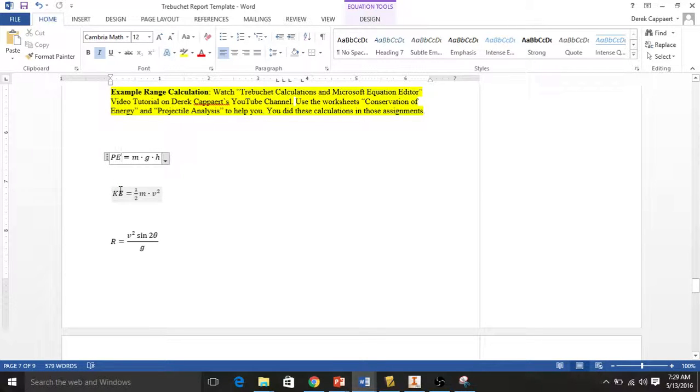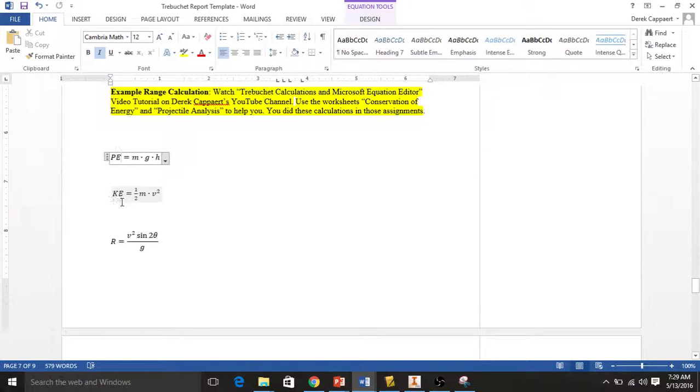So you want to say that in your report. You can say something like, the energy for the catapult came from the potential energy of the counterweight. As the counterweight fell, all of that potential energy was converted to kinetic energy. Boom, that's how I got my kinetic energy.